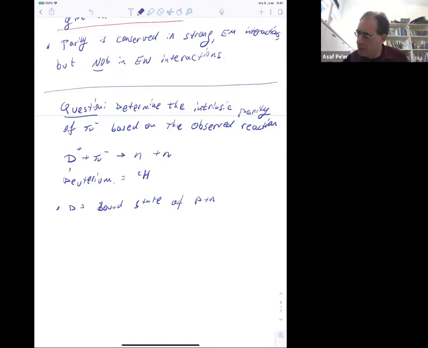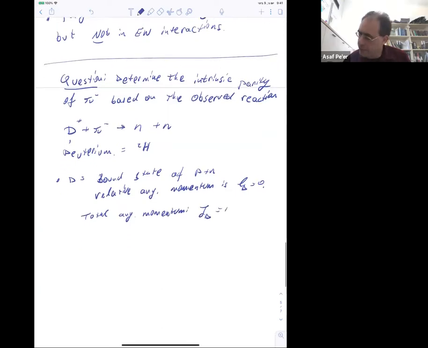The relative angular momentum is 0. The total angular momentum of the deuterium is 1. And for the pion, J pion is 0.